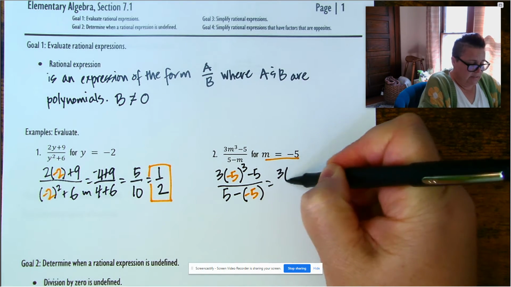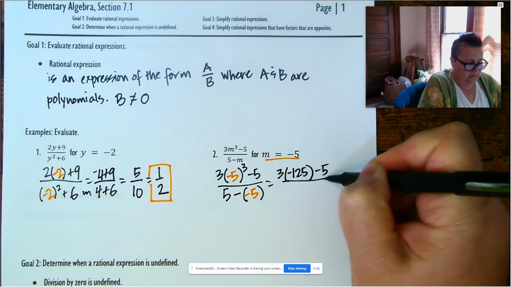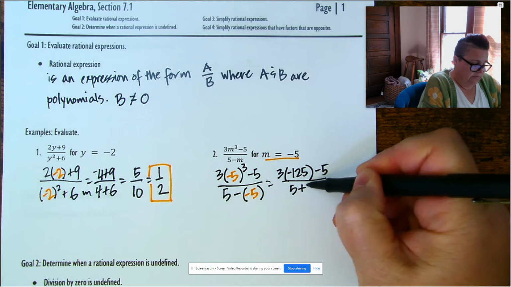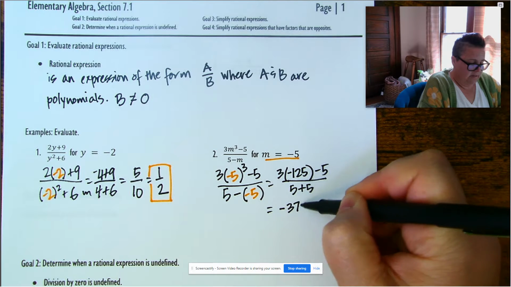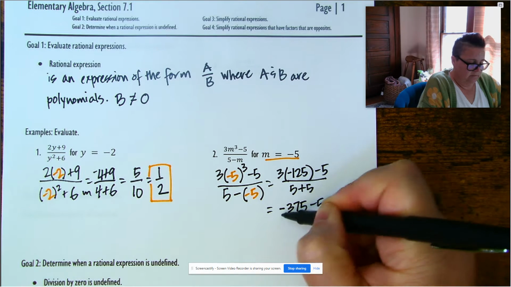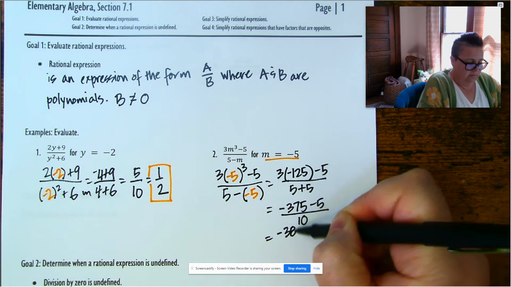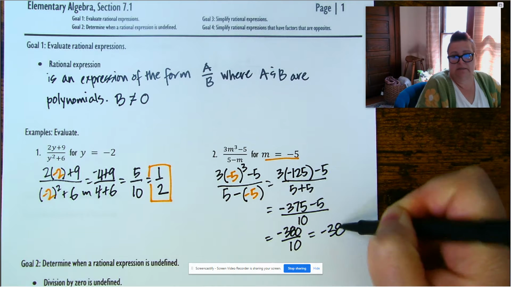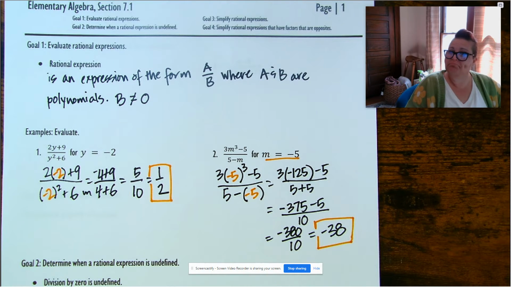This will be 3 times -125 minus 5 over 5 minus a minus 5, which is 5 plus 5. This is going to be -375 minus 5 over 10, or -380 over 10, which is -38. And we have evaluated a second problem.